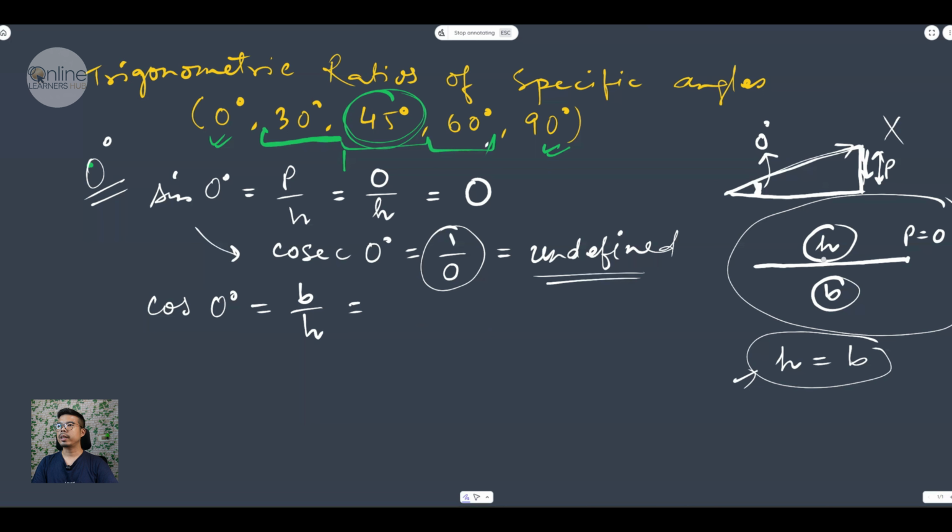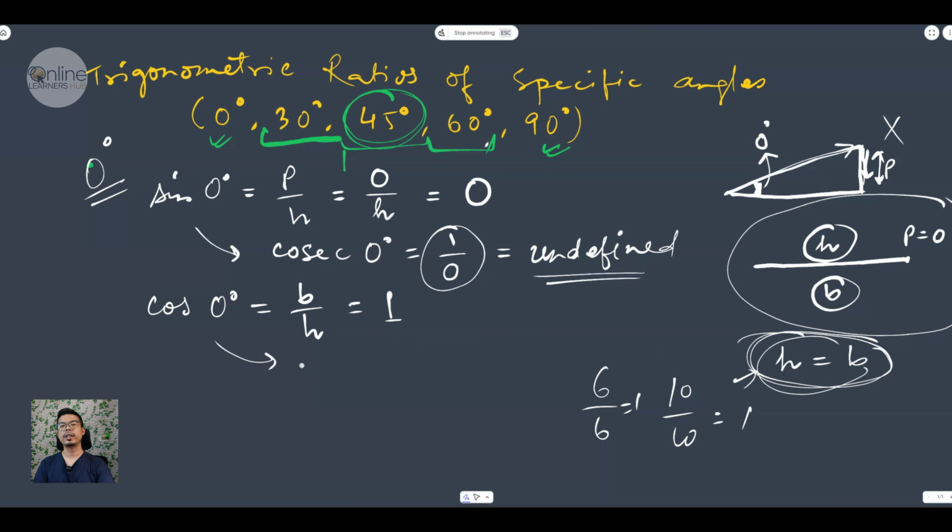B and H. As I told you, H is equal to B. They are the same. If the same numbers divide each other, what will you get? If 6 divides 6, what will you get? If 10 divides 10, what will you get? Always 1, right? So B upon H is 1 because B and H are equal. This is the reason. So cos 0 is 1.